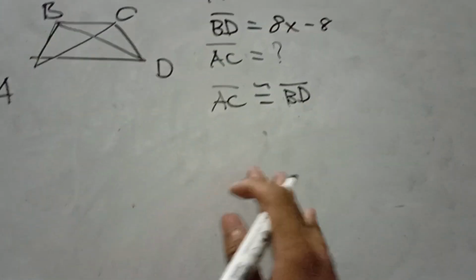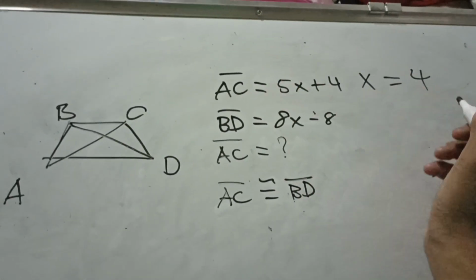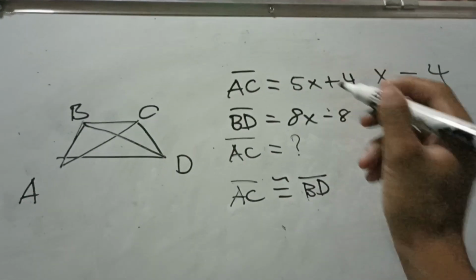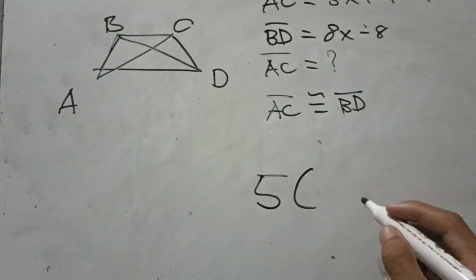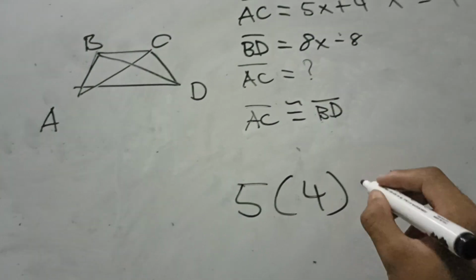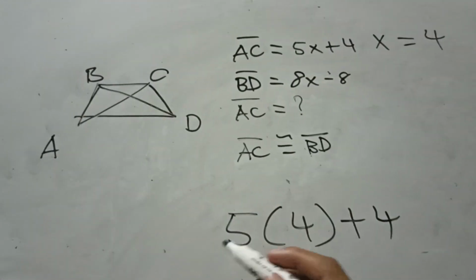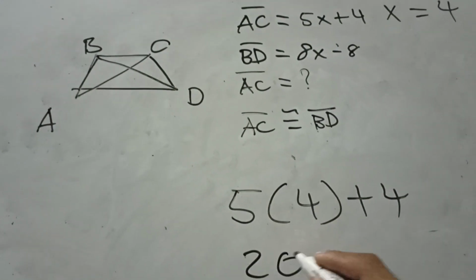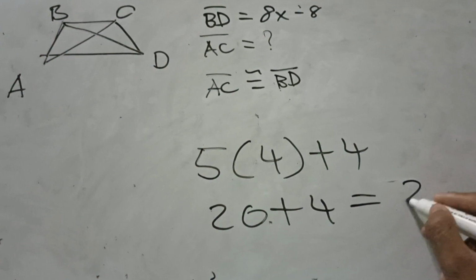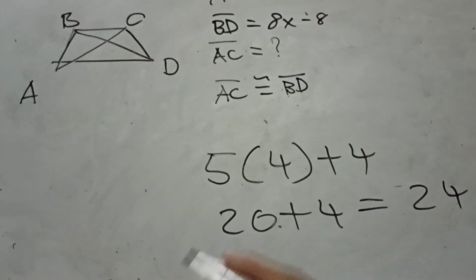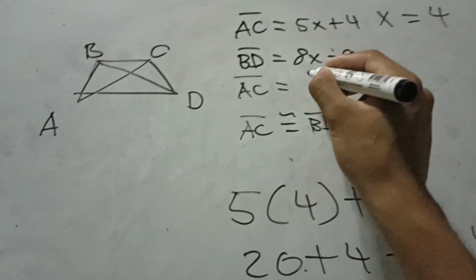All we have to do is substitute x with 4. 5 times 4 is equal to 20, plus 4 equals 24. Now we know that the value of line AC is equal to 24.